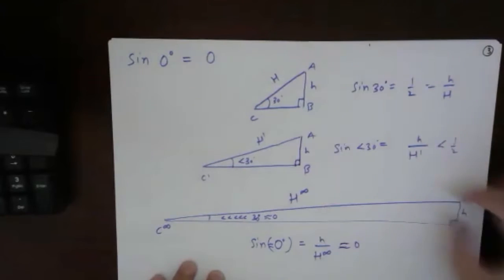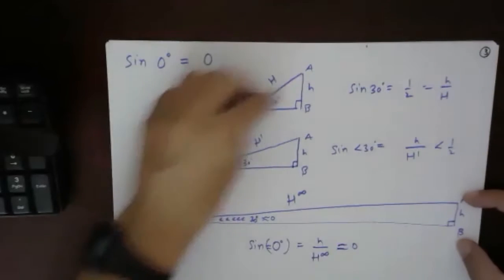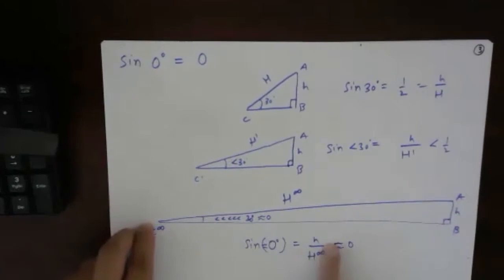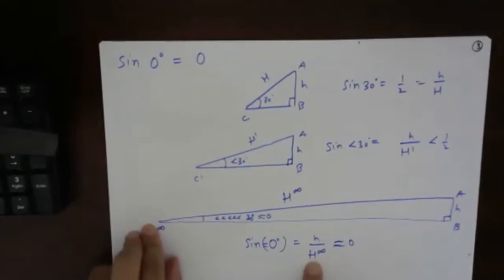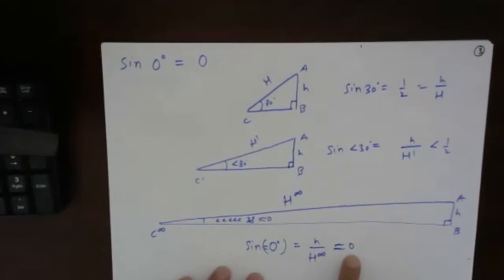I'm keeping this height constant. Think of AB as a pole connected with a spring that keeps on stretching. So now this is again h by H infinity, and H infinity is very large, so this is almost approximately 0.